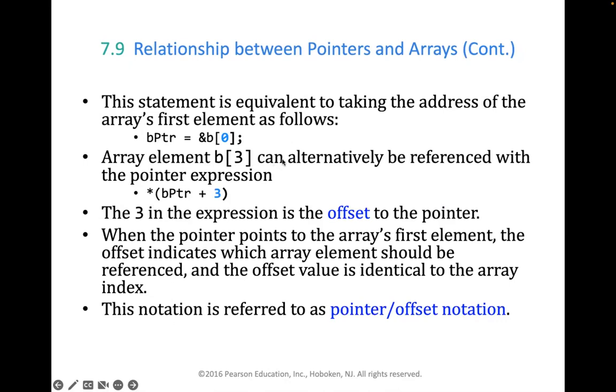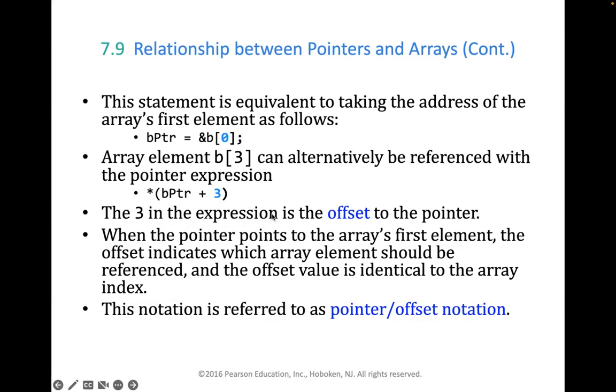Array element b[3] can alternatively be referenced with the pointer expression *(bPtr + 3). So this bPtr plus 3 moves to the third element, and the star gives the value of that element.